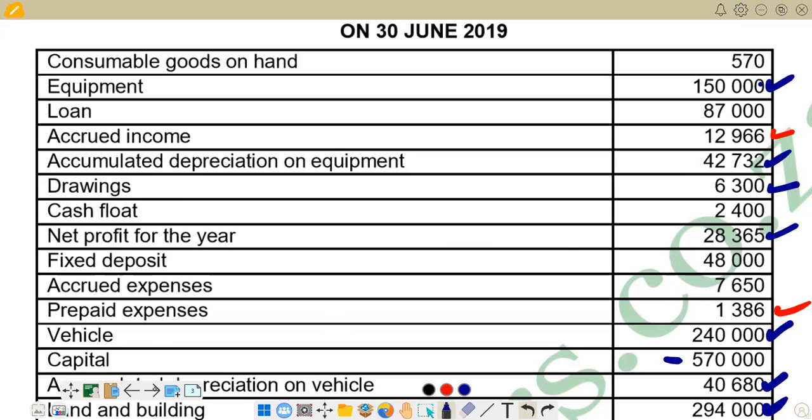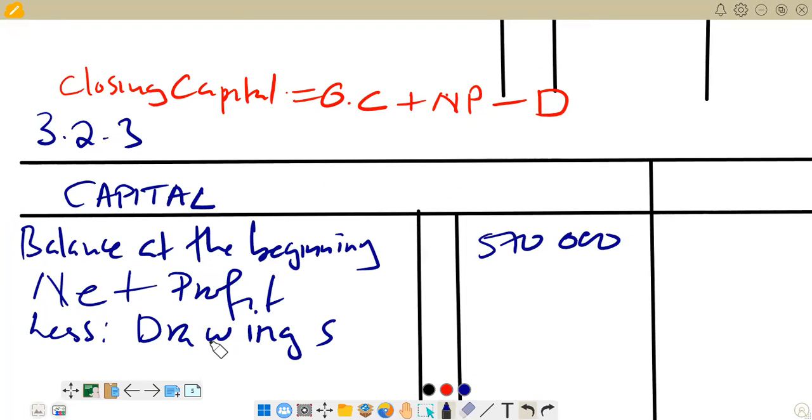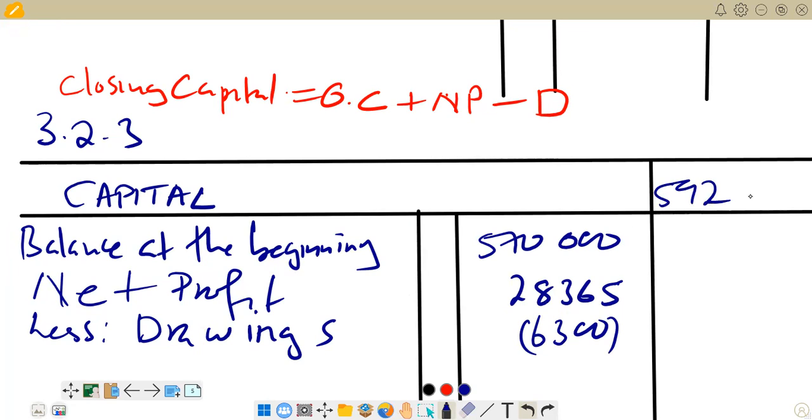So here we are saying net profit, the figure that we have there is 28,365. Then for drawings, we have got 6,300. So this is the one that we are subtracting. So we add here, we subtract, the final figure that we are supposed to get is 592,065. So this is the figure that we are going to put in our balance sheet.